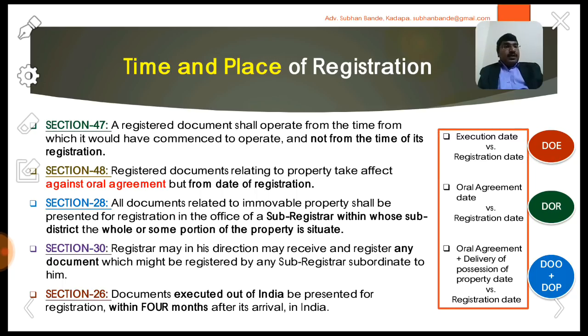Next, a few parties orally agreed with relation to transfer of certain immovable property on a particular date, but they presented it for registration on some other date. The document is registered on one date, they orally agreed on some other date.